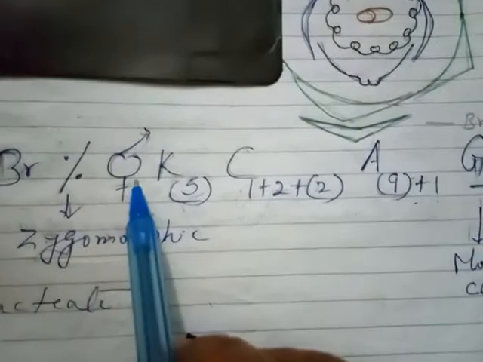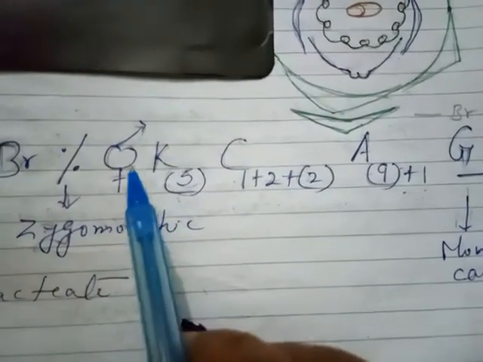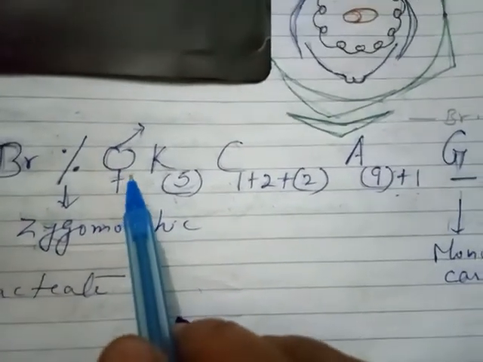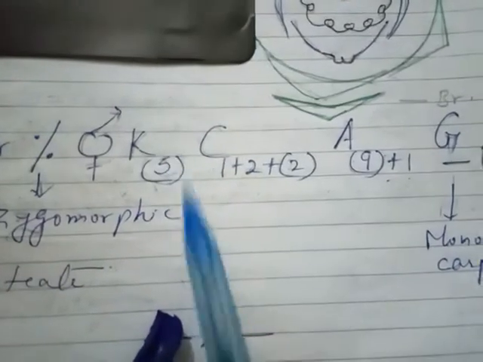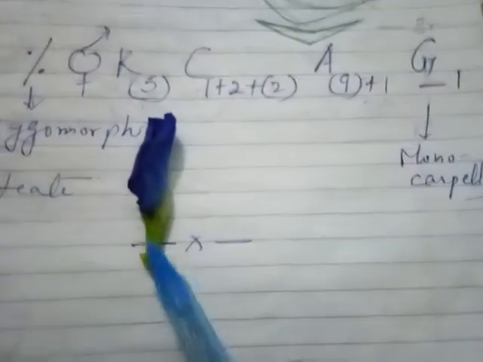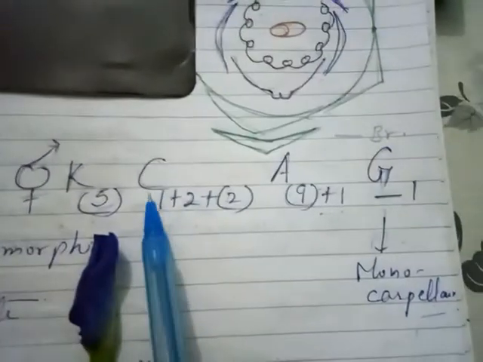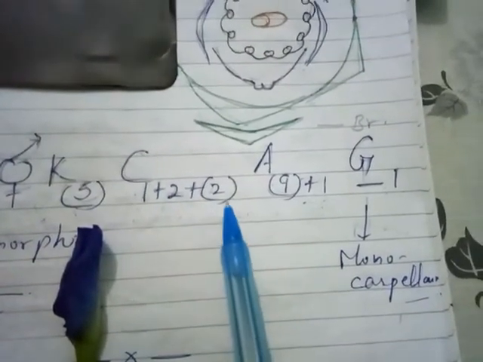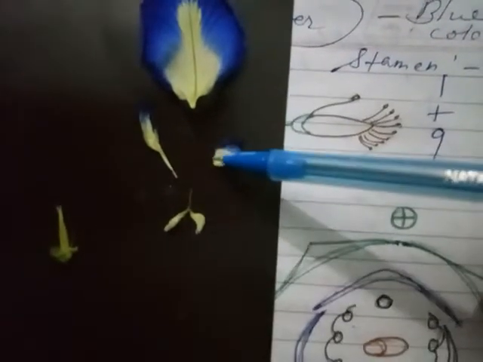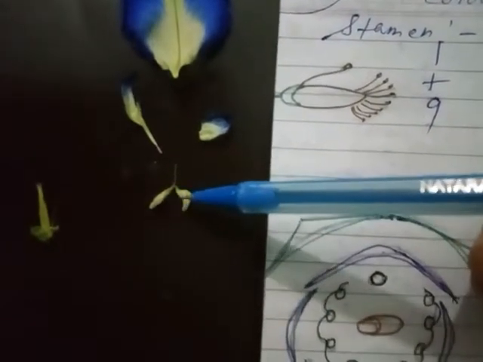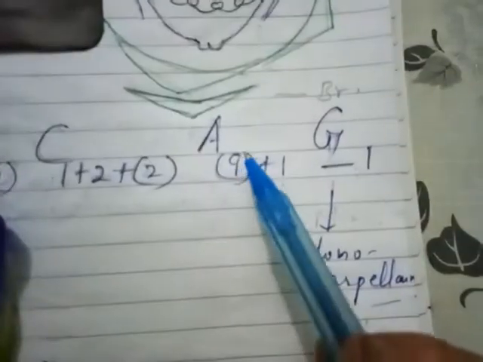Then it is bisexual, that is, both carpel and stamen are present. Calyx is 5 in number, fused together. Corolla is 1 plus 2 plus 2, with 2 fused.